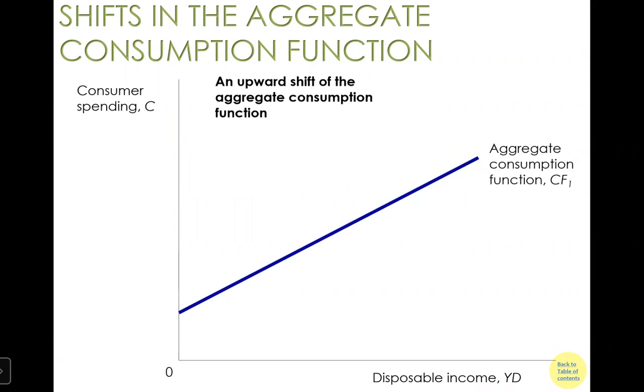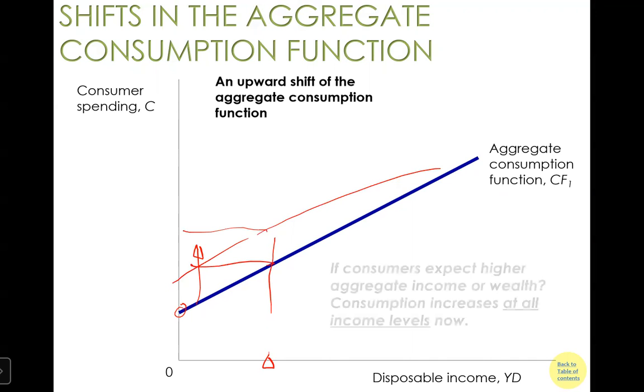Now let's see what can cause a shift of the aggregate consumption function. By the way, if the consumption function shifts up, it usually means consumption increases. The way we understand this is that for a given amount of disposable income, you're going to spend more.